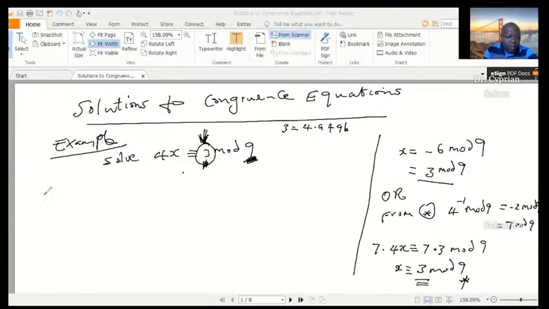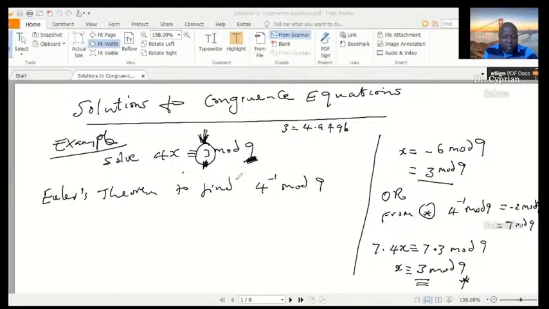So using Euler theorem to find the inverse of 4 mod 9. Euler theorem can be used because the only condition is that the modulus, this number 9, and this number 4, their GCD should be 1.